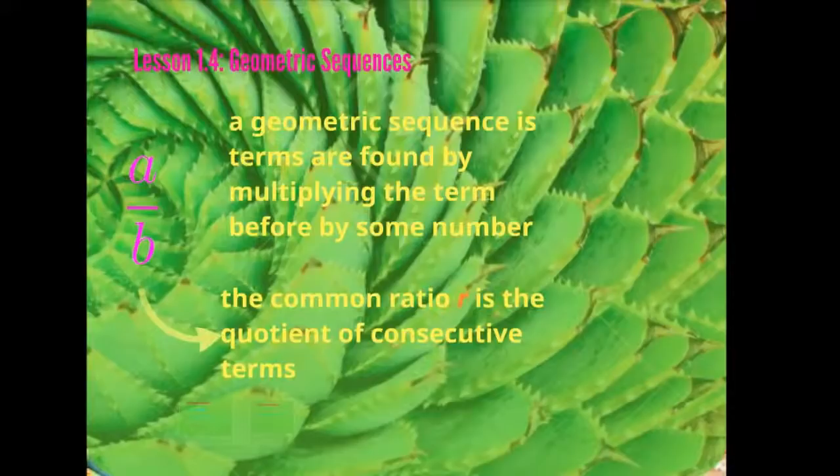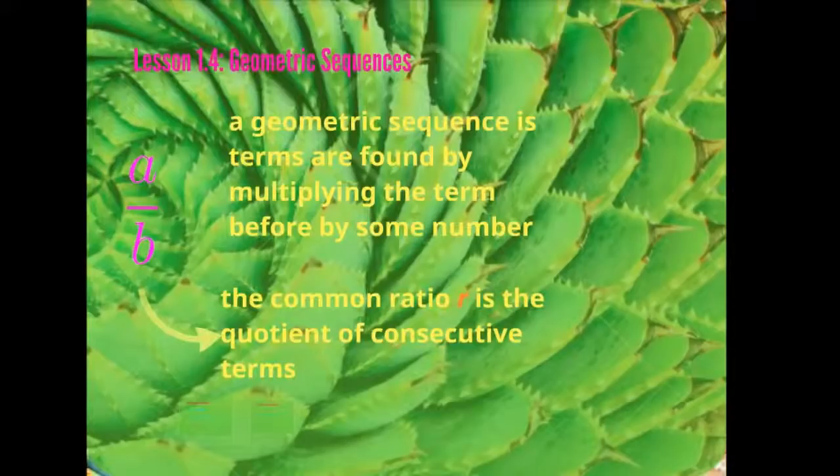In contrast, a geometric sequence is when terms are found by multiplying the term before by some number. So where arithmetic sequences was when you add or subtract, geometric sequences are found when you multiply to get from term to term.